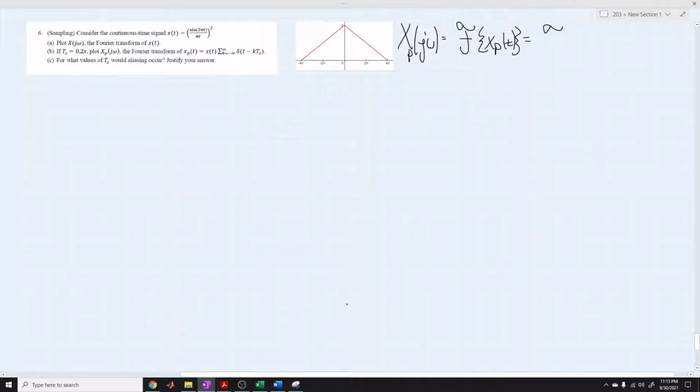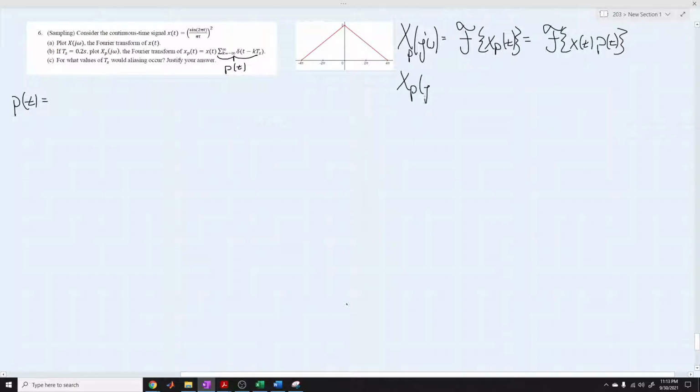So x sub p of t, we have x of t times this, so let's call this p of t, x of t times p of t. Now p of t is equal to, and actually let's go back over here real quick, 1 second, sorry.